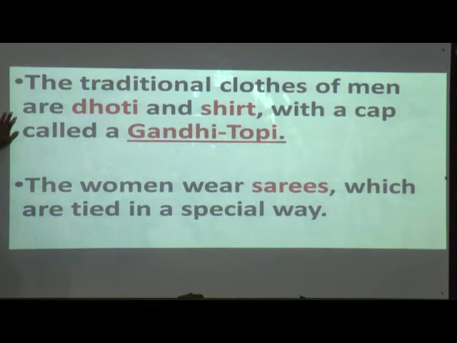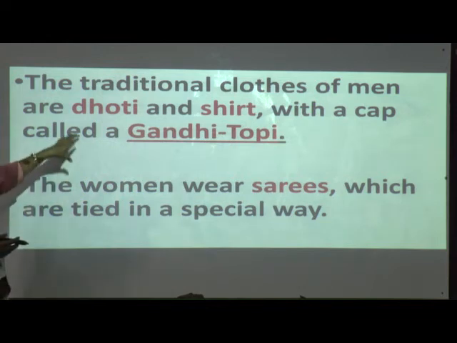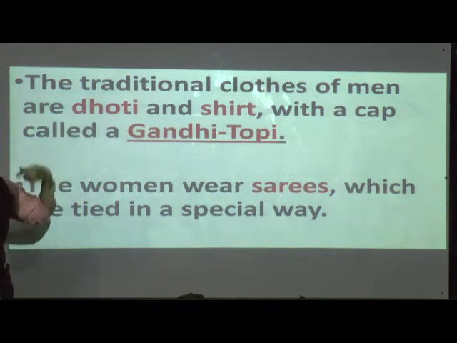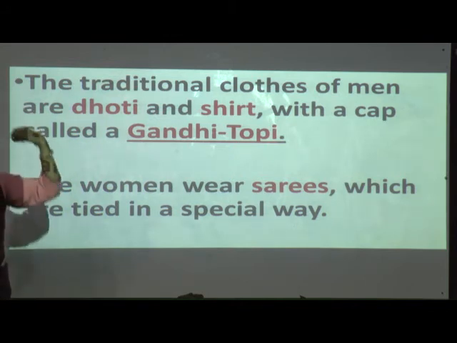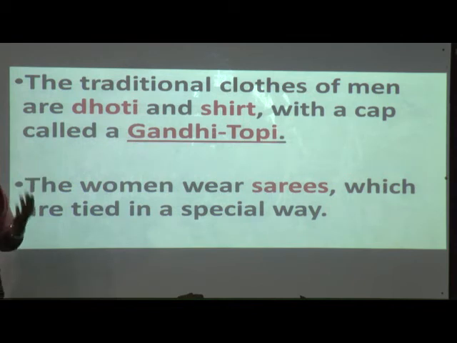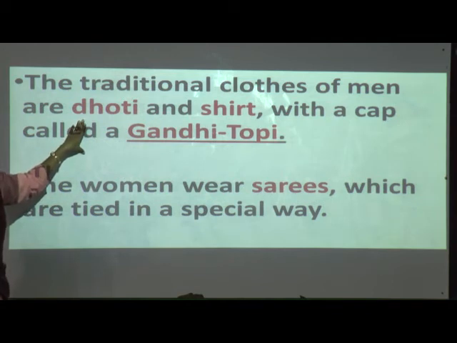The traditional clothes of men. When we say Maharashtra very proudly, what is the traditional dress? It is a dhoti and shirt, with a cap called the Gandhi topi. It is one of the traditional dresses of Maharashtra.